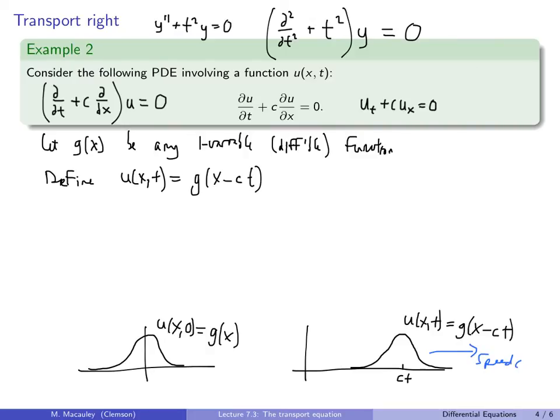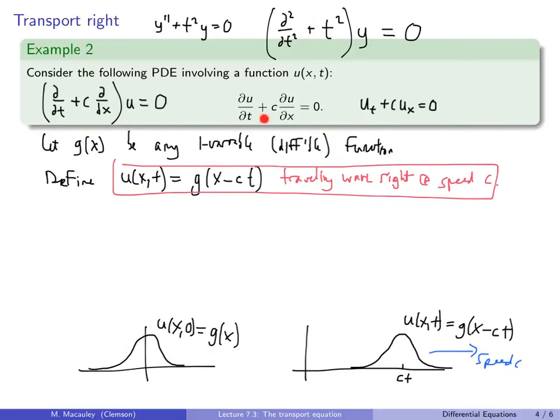So this thing here, let me write that as a traveling wave right at speed c. So I claim that this solves this PDE.